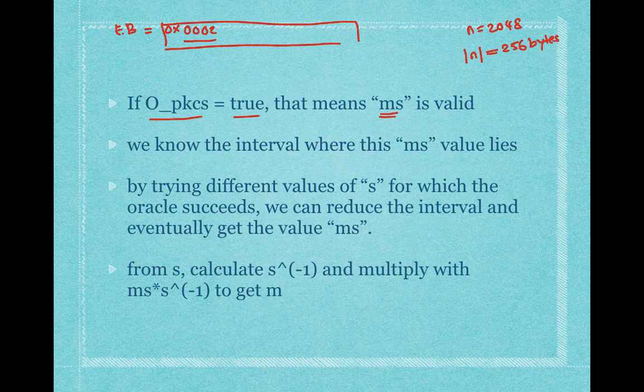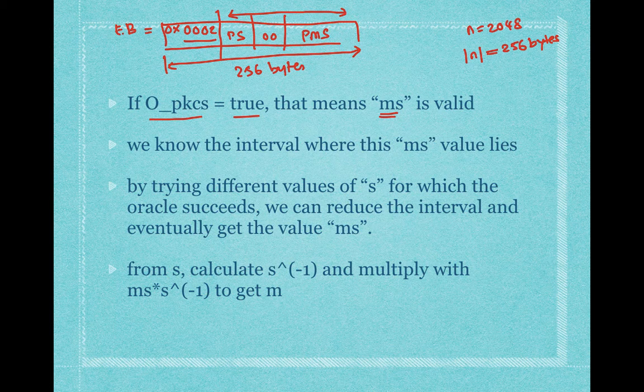So my encryption block length here is going to be 256 bytes. Out of this, I already know the first 2 bytes. After that, I know that there is a padding string followed by a marker 00 followed by this PMS value. So the only unknown value is the remaining 254 bytes.